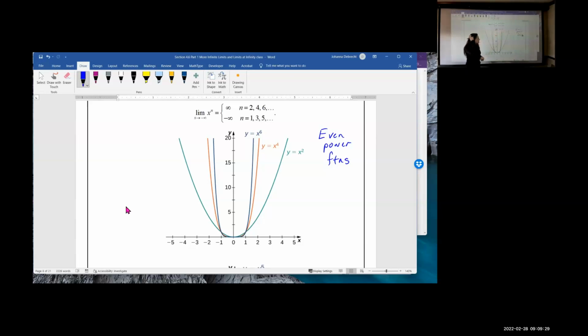All right, so they go up steeper. And the teal colored one on the far outside is, of course, the parabola x squared. And then x to the 4th is this orange red color, and x to the 6th is the dark blue color. And you can tell as x goes to positive infinity, it goes to infinity. And as x goes to negative infinity, it also goes to infinity.